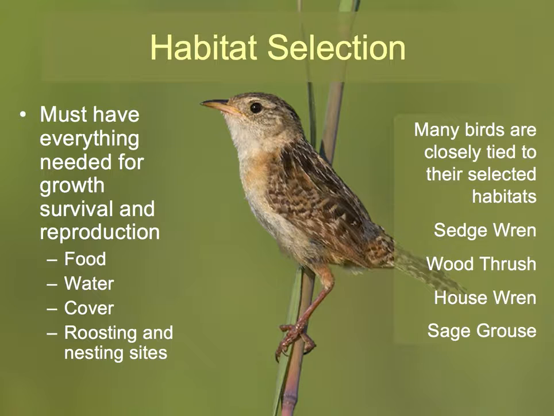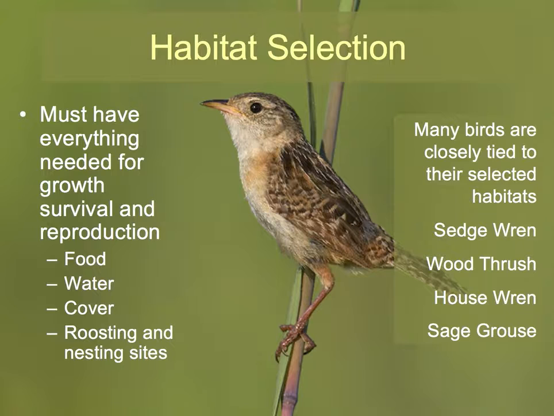With birds, you have some birds that are very, very tied to a specific kind of habitat. One example might be a sedge wren that only nests in the edges along a marsh. Another might be a wood thrush that will only nest on the forest floor of a certain size of forest.